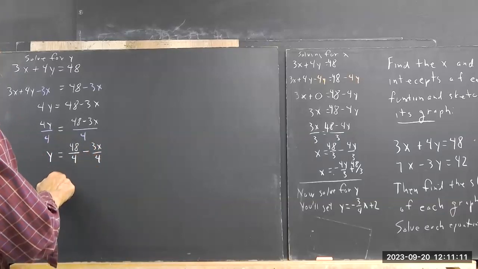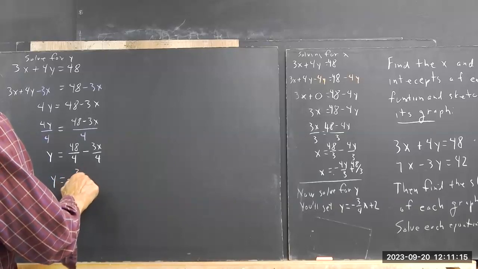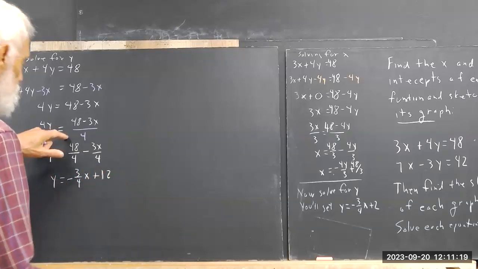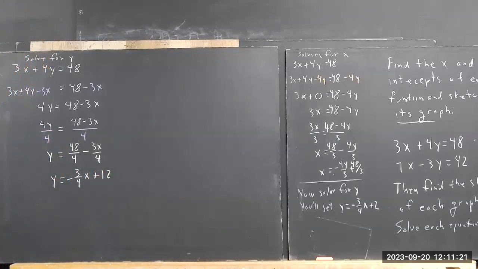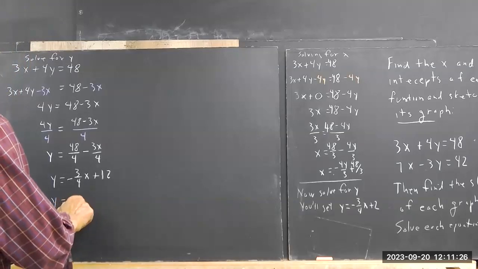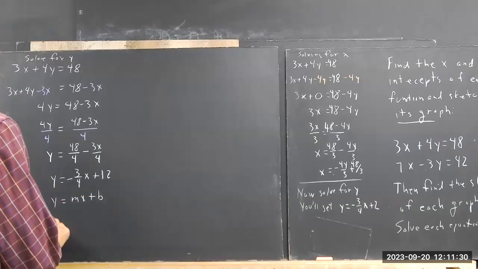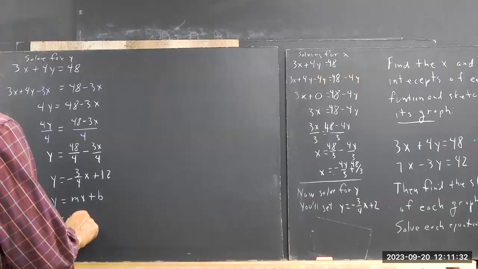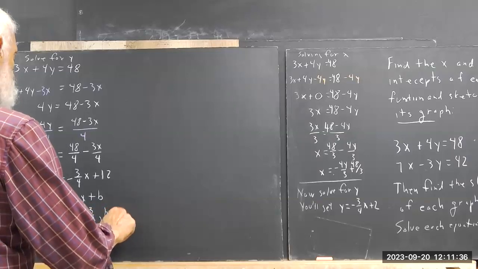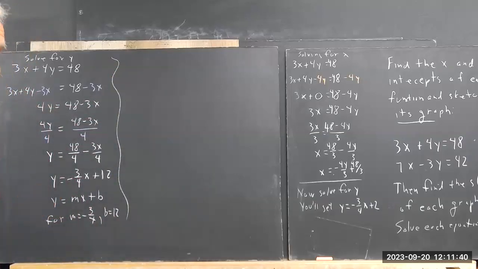So we get y equals negative 3/4 x plus 12, because of course 48 divided by 4 is 12. Okay, this is the form y equals mx plus b. m equals negative 3/4, b equals 12. Okay, that's the equation of our line.